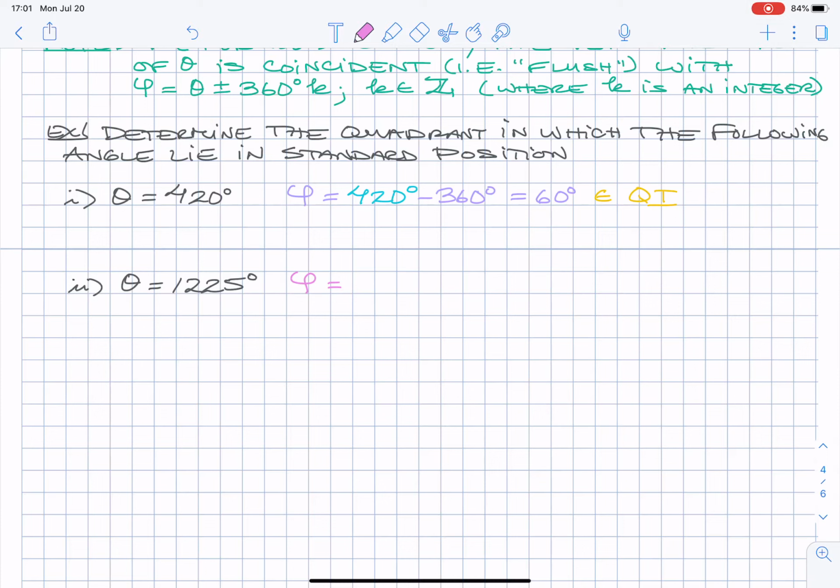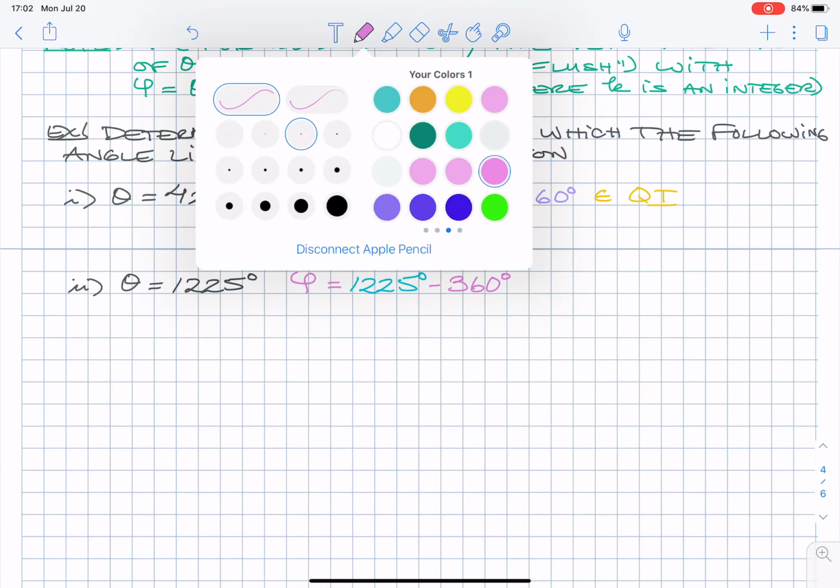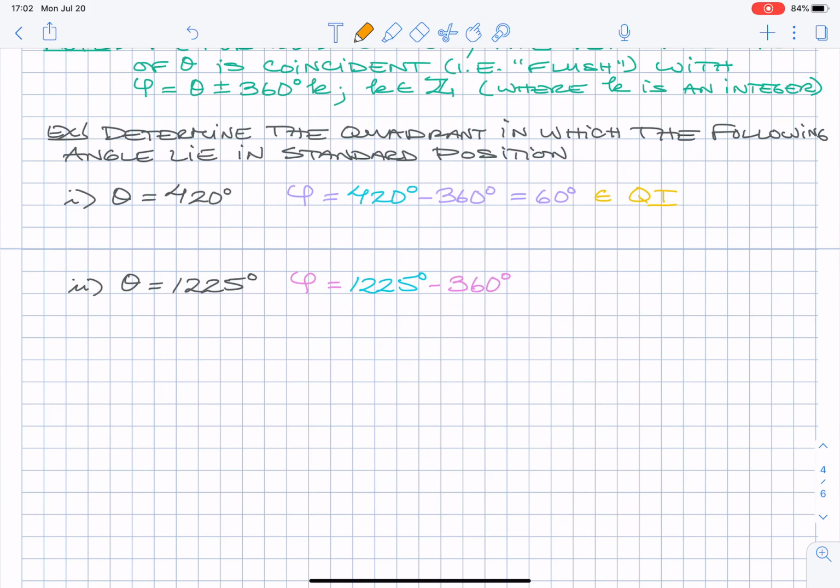If I add 360 to 720, well, 300 would be 1020 and 60 would be 1080. Okay, so let's try this. Let's do 1225 minus 360 degrees times some integer k, that integer being 3.